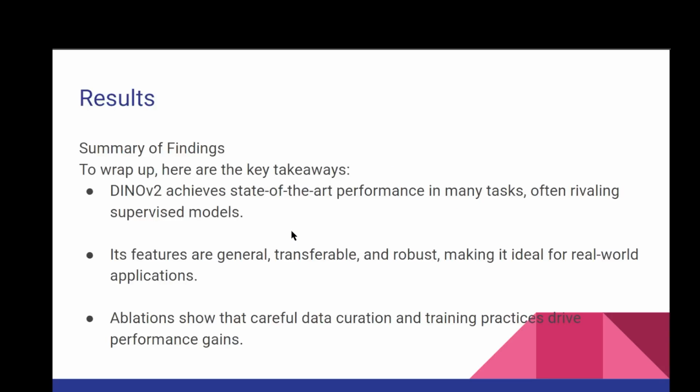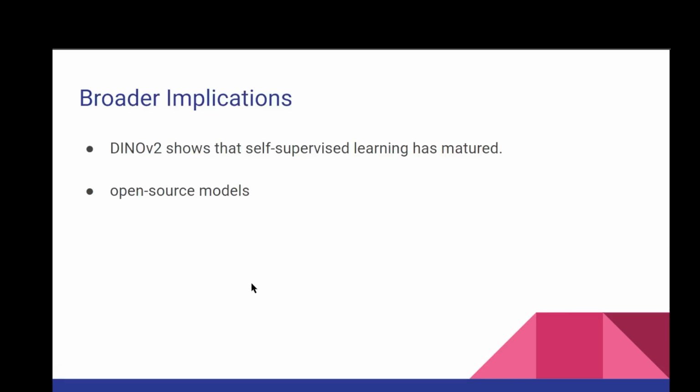Now the results section. So the summary of the findings is that DINOv2 achieves state-of-the-art performance in many tasks, often rivaling supervised models, and its features are general, transferable, and robust, making it ideal for real-world applications, so careful data curation and training practices drive performance gains.